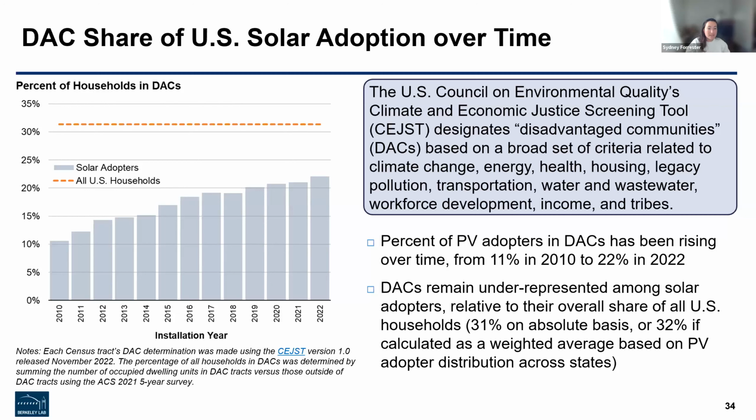So this is around 11% in 2022, which is the gray bar, but that's compared to 31% at that orange line. And even when we weight it for states, we still get around 32%. This is all households, not owner-occupied households, though, I should mention.